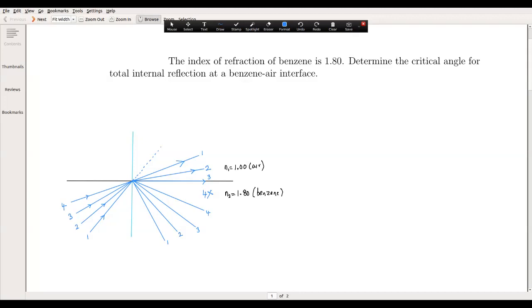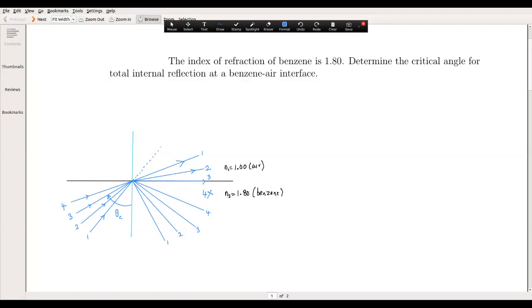So the point is that after this critical point 3, there is a critical angle, which here we have chosen. This is the critical angle, beyond which there is no refraction, only reflection. And that's what is total internal reflection.